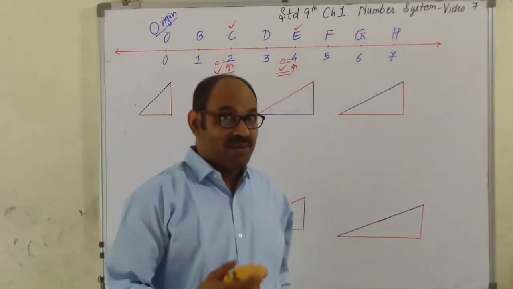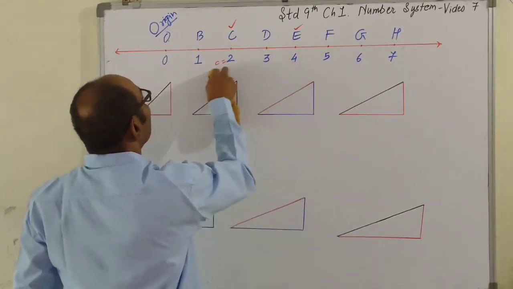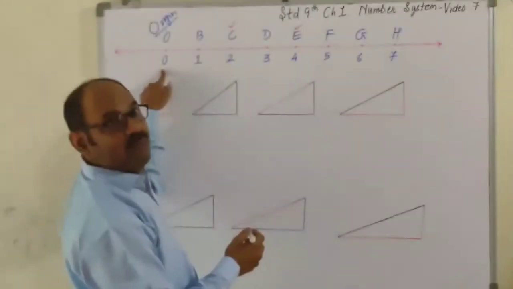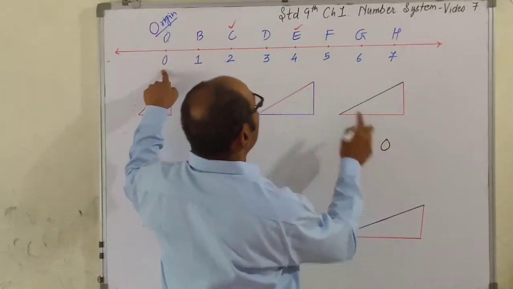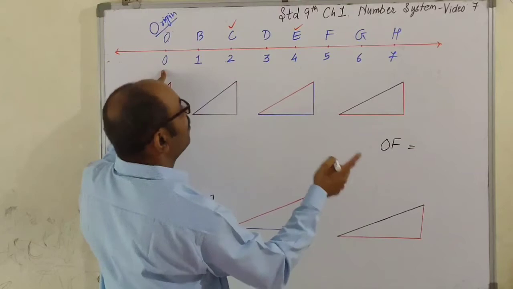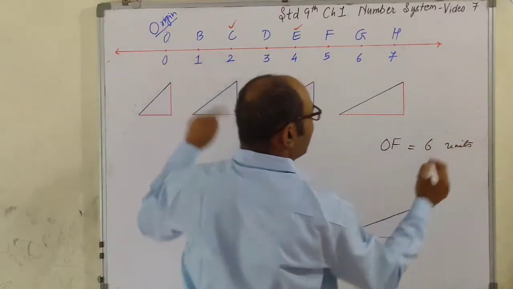Alright students, so what we have observed here is, if O is taken as origin and consider point F, how far is F? 6 units. OF is equal to 6 units.